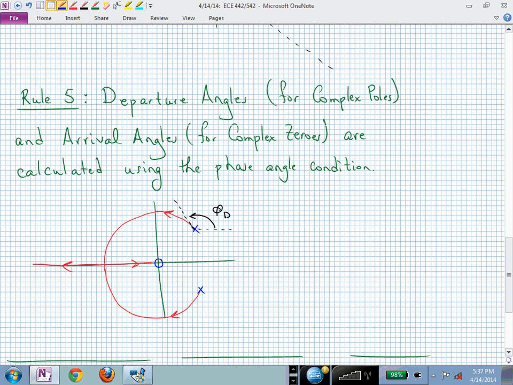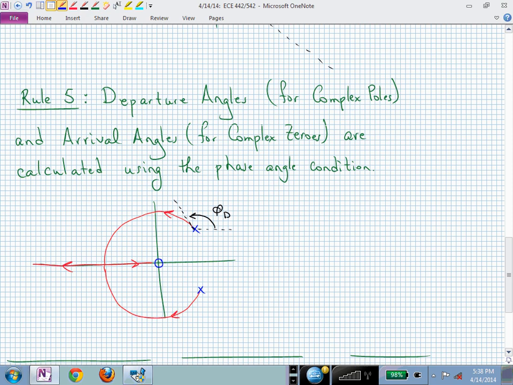These, indicated in this example sketch, are angles of departure. And those, again, are measured relative to this horizontal positive real line. In this case, phi sub d is, in what direction, angle-wise, is that branch leaving this pole in the first quadrant?